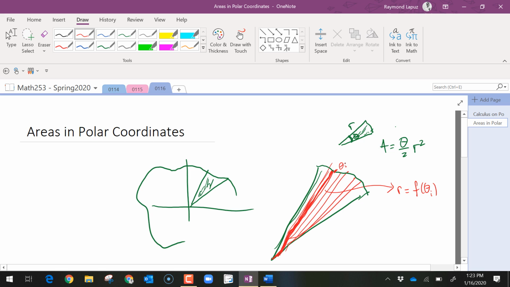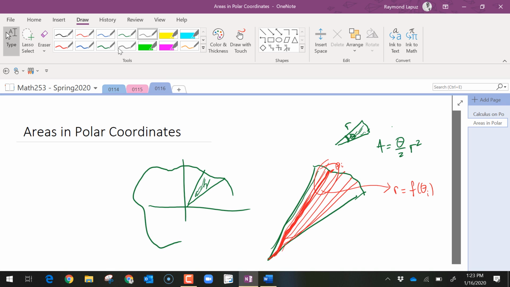So if we blow that up, your radial distances might be different. But we're going to take so many of these cuts, and we're going to let the partitions go off to infinity, that it's not going to matter. So that's what the Riemann sum is about.